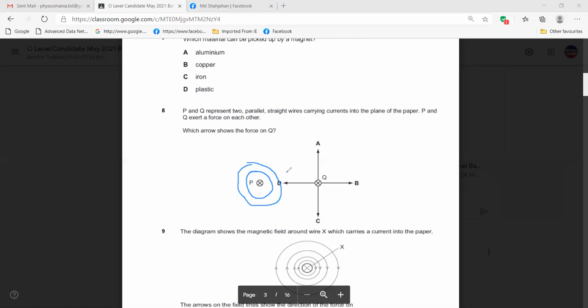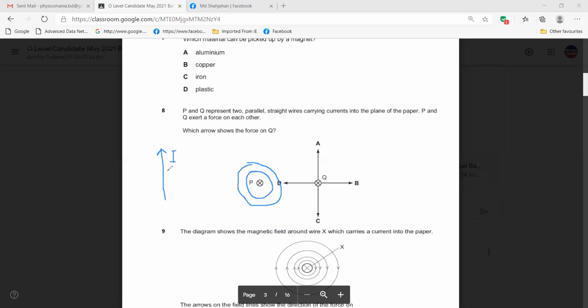Sir, how do we know if it is clockwise or anti-clockwise? Right hand grip rule, we got this one, right? Can you remember we had this? If you are keeping your thumb to the direction of current, this is current direction, right? Sir, how do we know that the current is upwards?